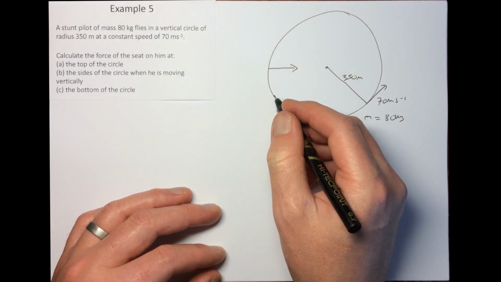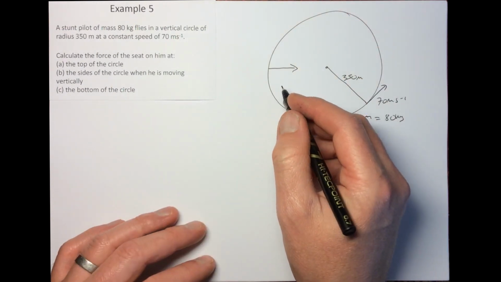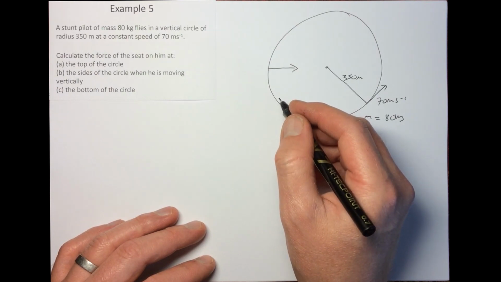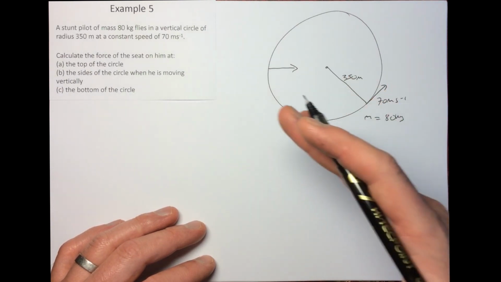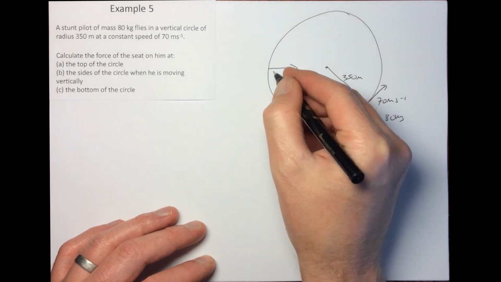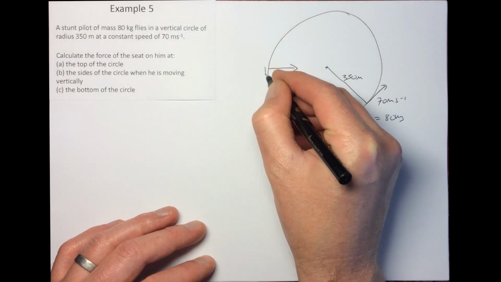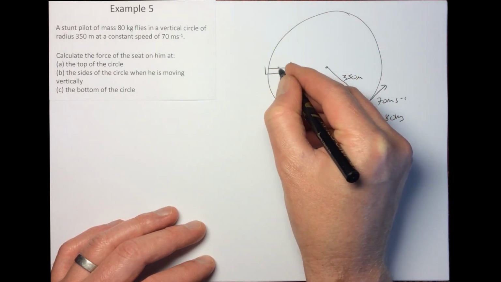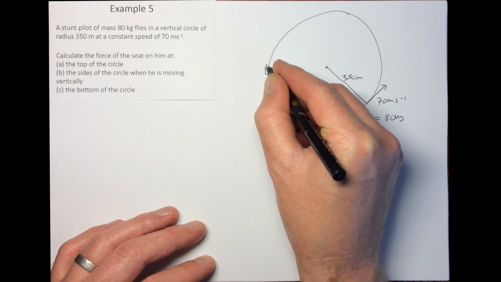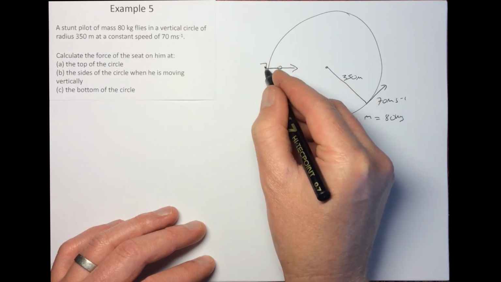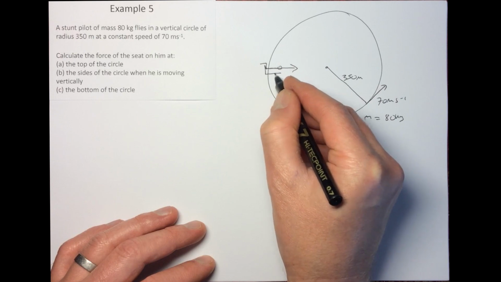Okay, so let's do the side first. Now at the side of the circle, as the pilot is flying around, they're sat in the seat. Here's the seat, and this is the person sat in the seat here. We're worried about the force from the bottom of the seat, not from the back of the seat.